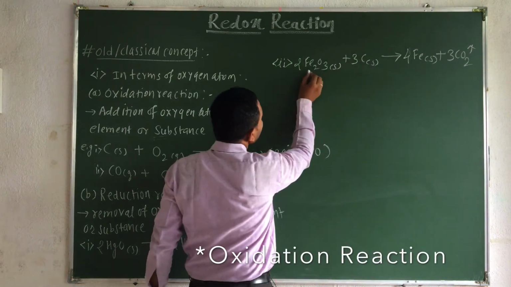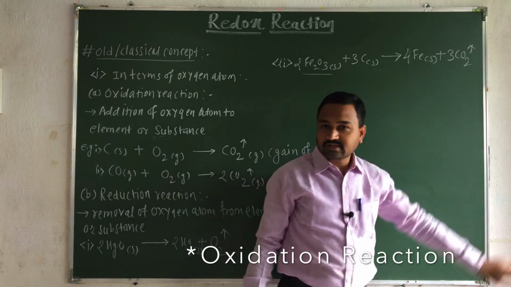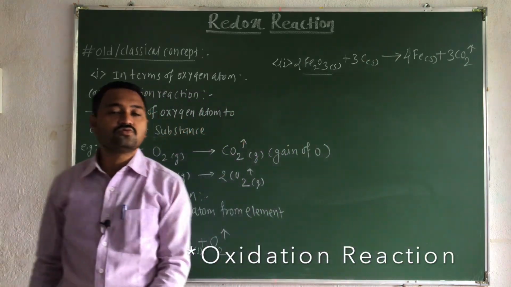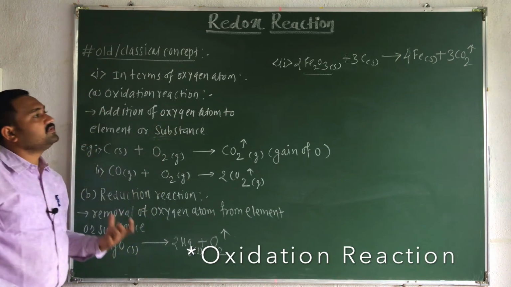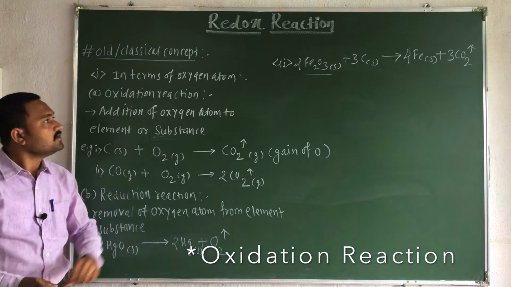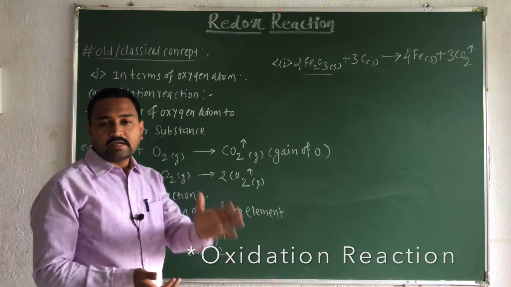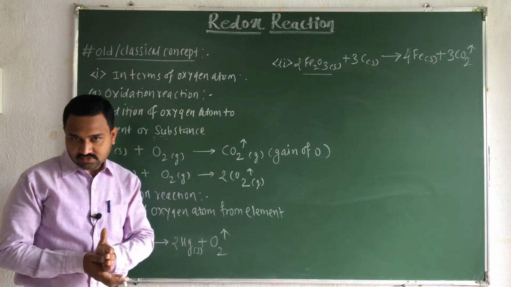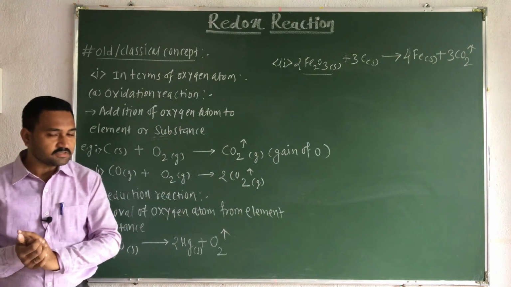So from this ferric oxide there is a removal of oxygen atom, hence this reaction is also a reduction reaction. So these are the two important definitions of oxidation and reduction reaction using the oxygen atom. You have to remember, gain of oxygen is nothing but the oxidation process, while removal of oxygen is nothing but the reduction process.